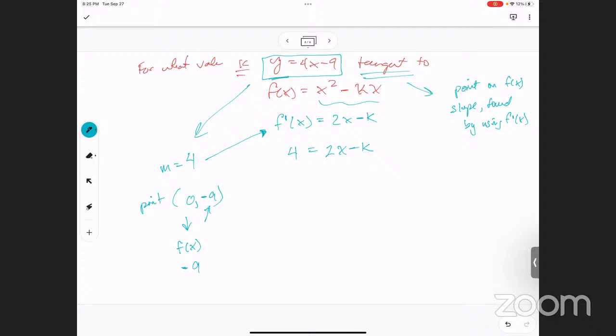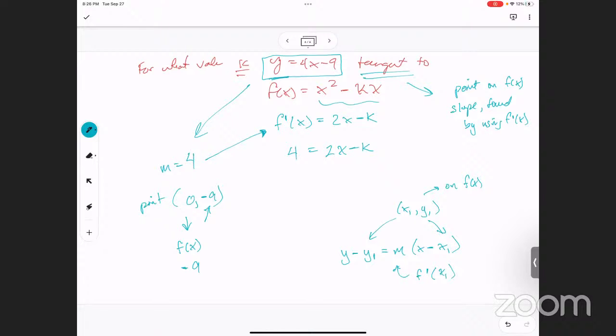Let's try to work backward. So what we usually do is we have y minus y1 equals m times x minus x1, right? And these two things are the point x1 comma y1, which is on f of x. You understand what I'm saying? Yeah. That's on the actual function. And then this is the derivative at x sub 1.